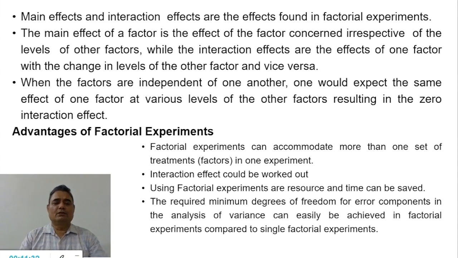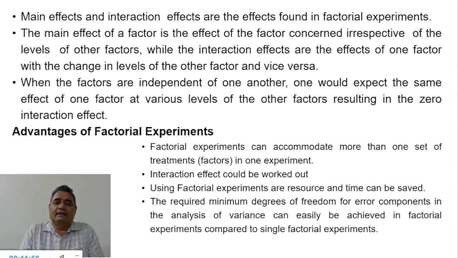So in a factorial experiment, there are two types of effect we want to estimate. One is the main effect and the other is the interaction effect. The main effect of a factor is the effect of the factor concerned irrespective of the level of the other factor.